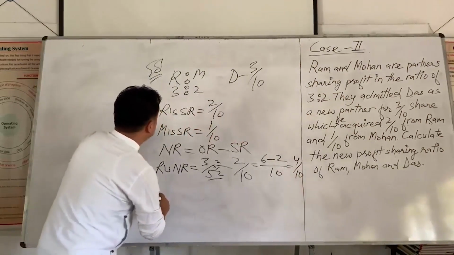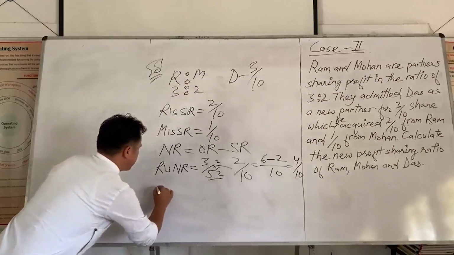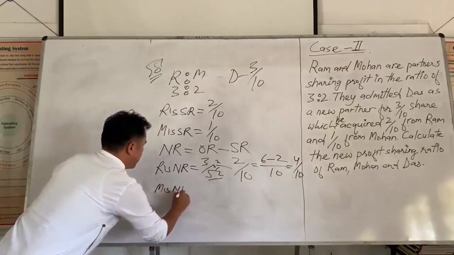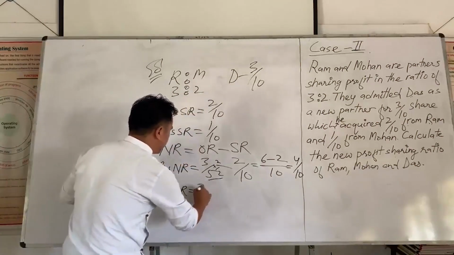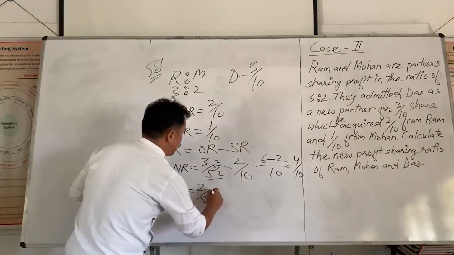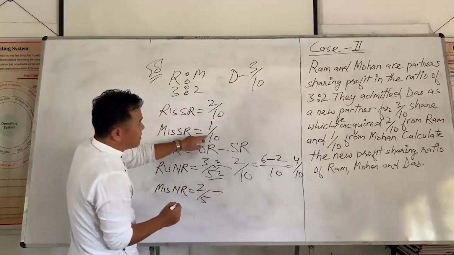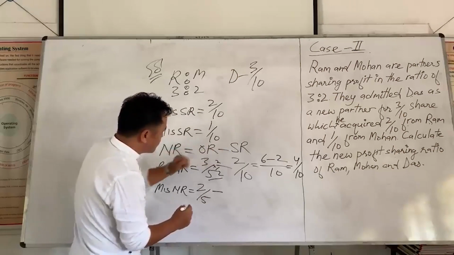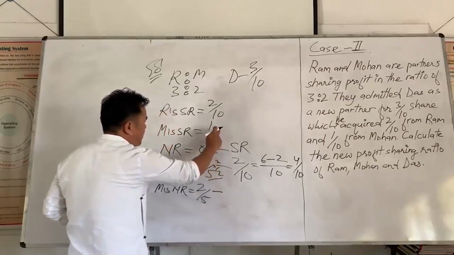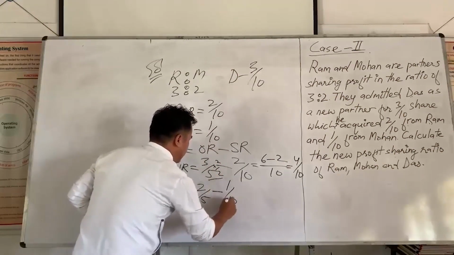Then what about Mohan? So Mohan's new ratio is equal to, what is Mohan's old ratio? Mohan's old ratio is 2 by 5 minus, what is Mohan's sacrificing ratio? Here the formula is new ratio is equal to old ratio minus sacrifice. But sacrifice ratio of Mohan is 1 by 10.